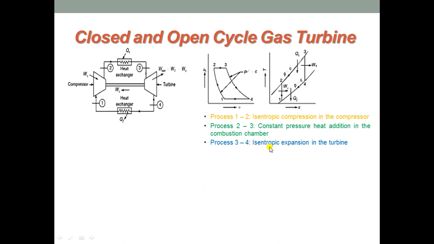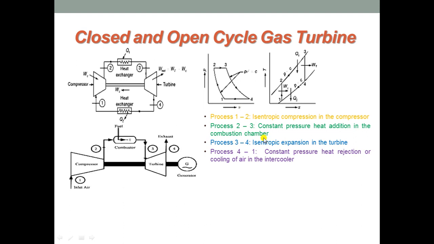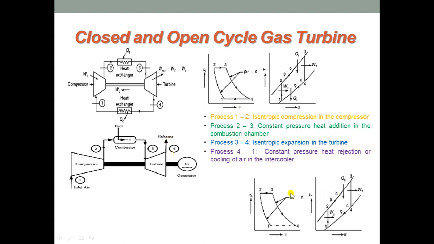Process 3-4 is isentropic expansion in the turbine, and process 4-1 is constant pressure heat rejection or cooling of air in the intercooler. So, these are the 4 processes of a closed cycle gas turbine. Now, with the help of a line diagram, PV and TS diagram, we see how an open cycle gas turbine is going to work.